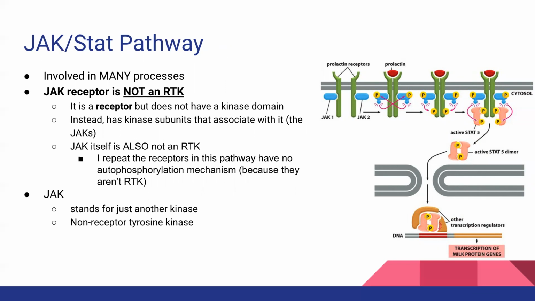So sometimes there are questions asking if the RTKs in this pathway cross-phosphorylate each other, and it would be no, because the JAKs are what are actually performing it. Yeah, so the JAKs are not part of the monomers, the receptors. They are two protein subunits that bind to that receptor, and they autophosphorylate each other. And then after they get phosphorylated, they further phosphorylate the receptors themselves and cause the dimerization.